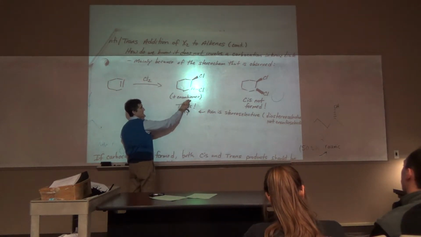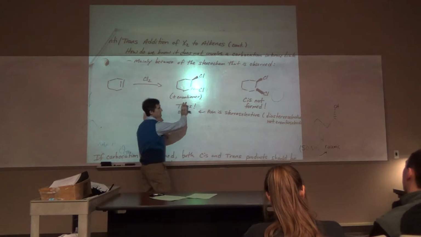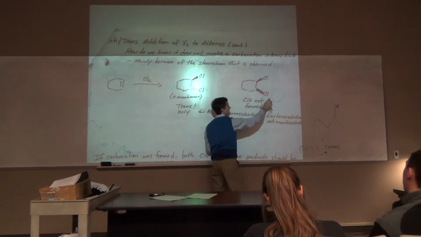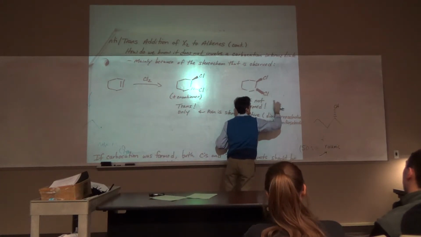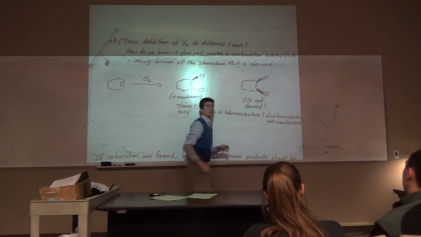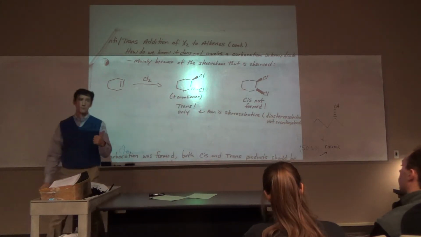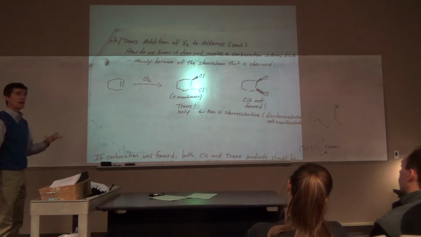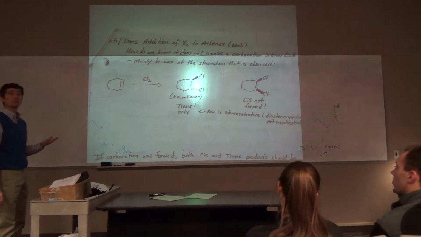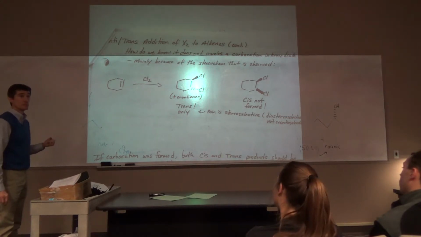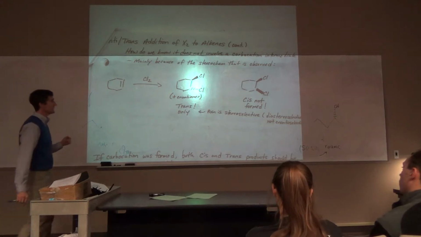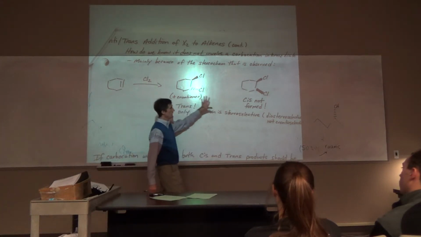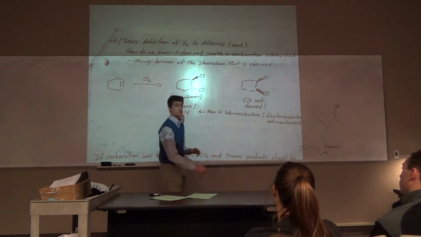We'll learn about that in about a week or two. The cis is not formed. Now, any mechanism you do must account for all the bonds being formed, but it must also account for the stereochemistry that's observed. So our mechanism must explain why it is trans only and why you do not get cis.